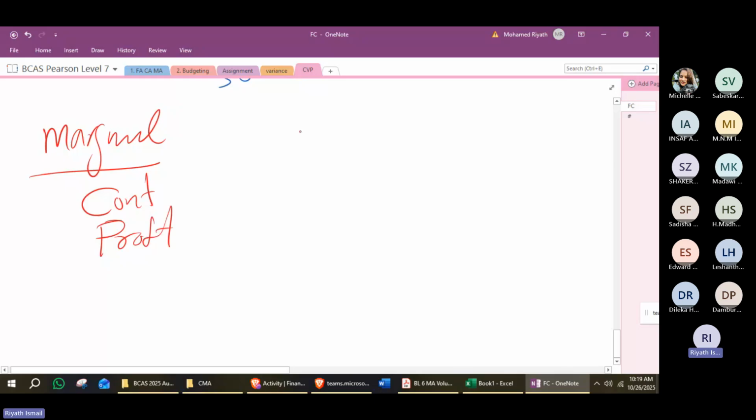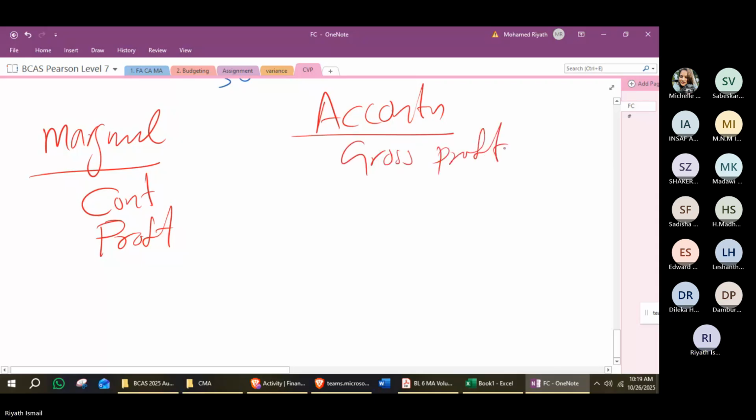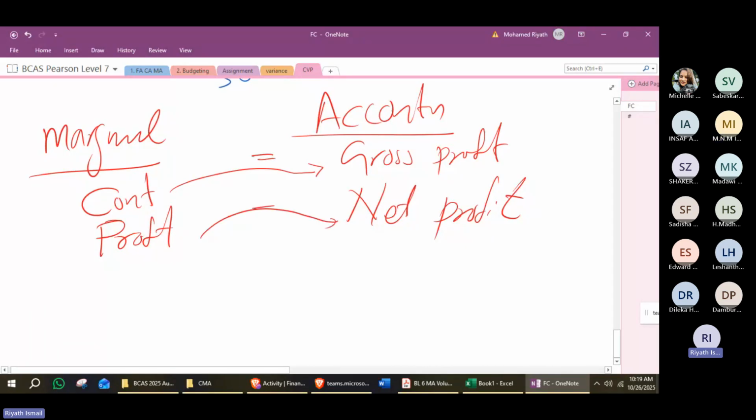But when we study accounting, we talk about gross profit and net profit. Imran, are you talking about contribution equal to gross profit and profit equal to net profit? Are both terms equal or different? Is that your concern? Yes.